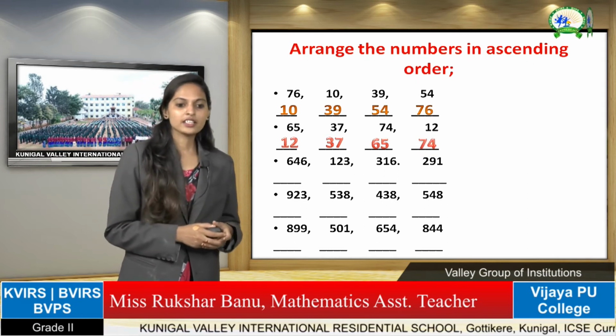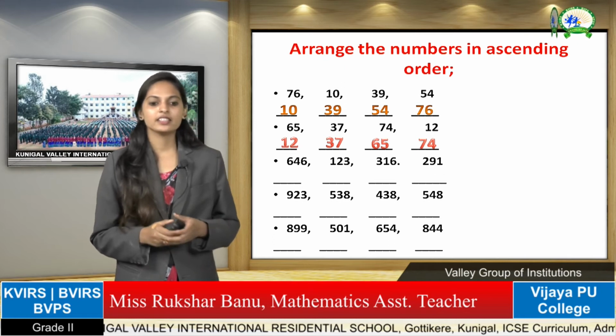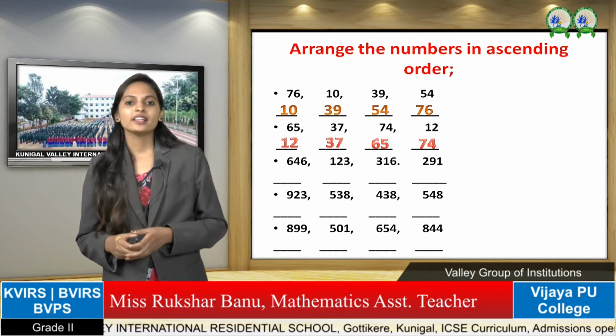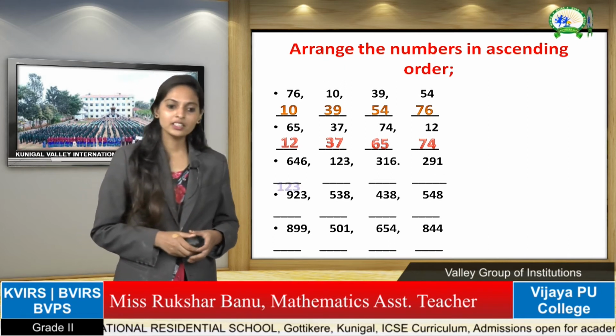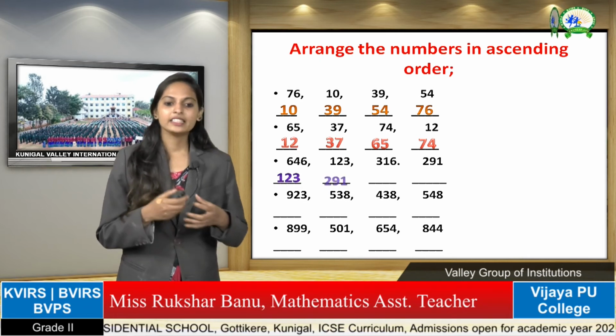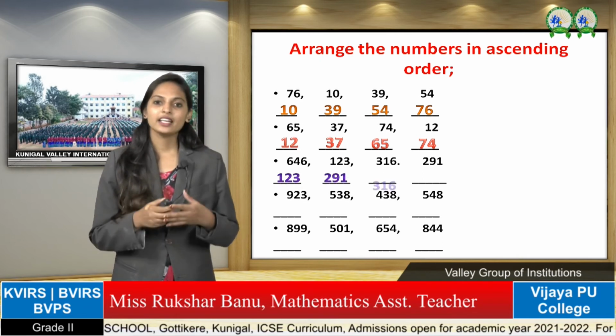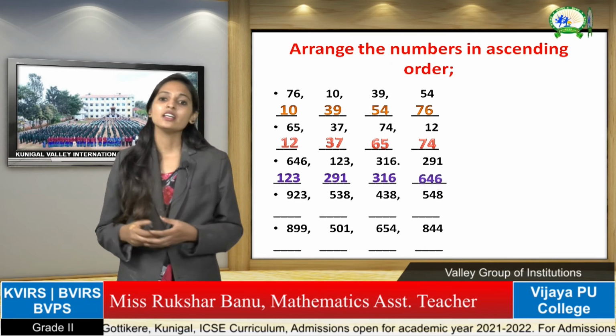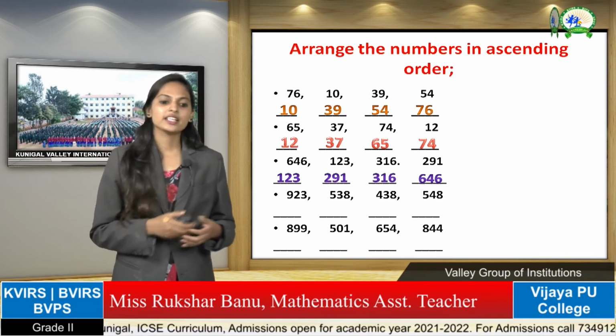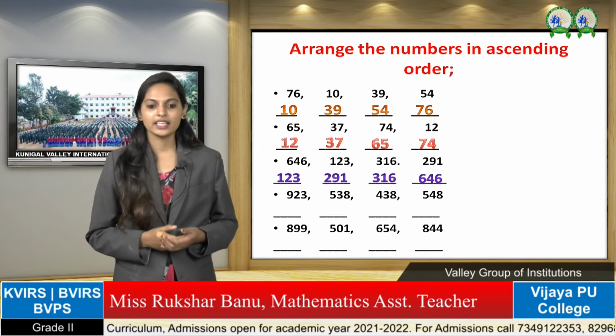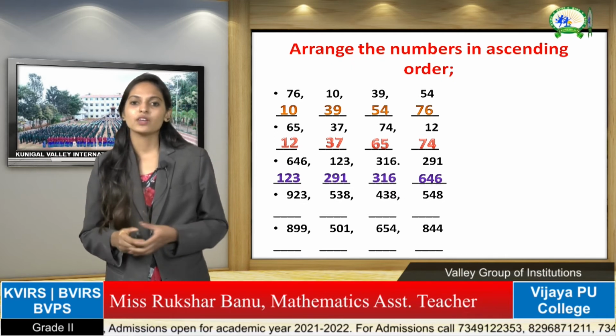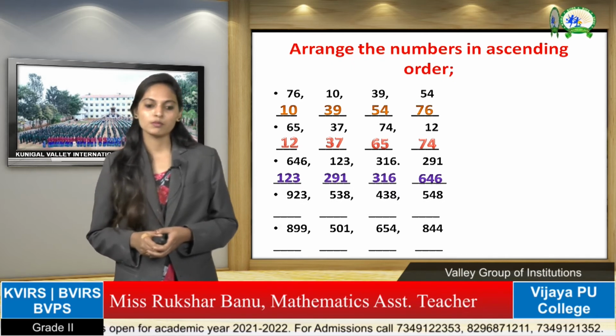Next 646, 123, 316 and 291. Which one is the small number here? 123, 291, 316, 646. Next one is 923, 538, 438 and 548. First which number is small?